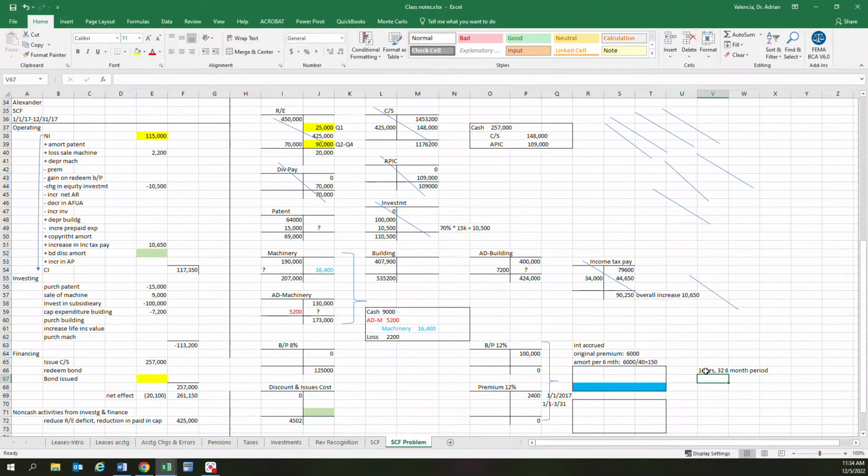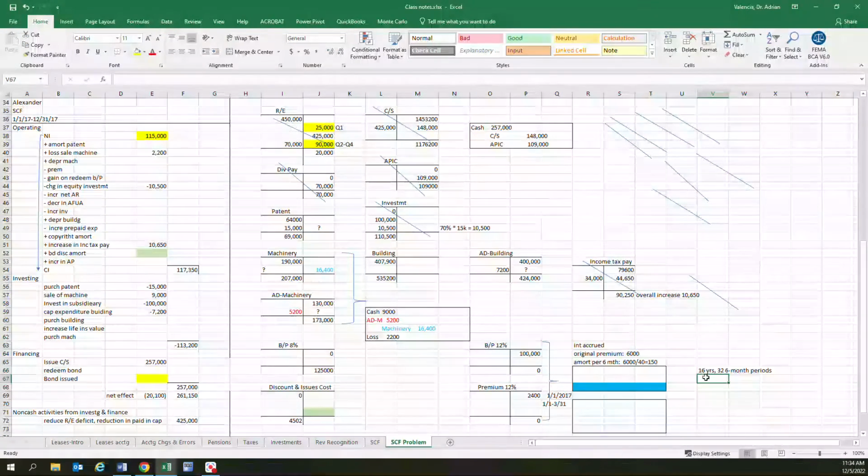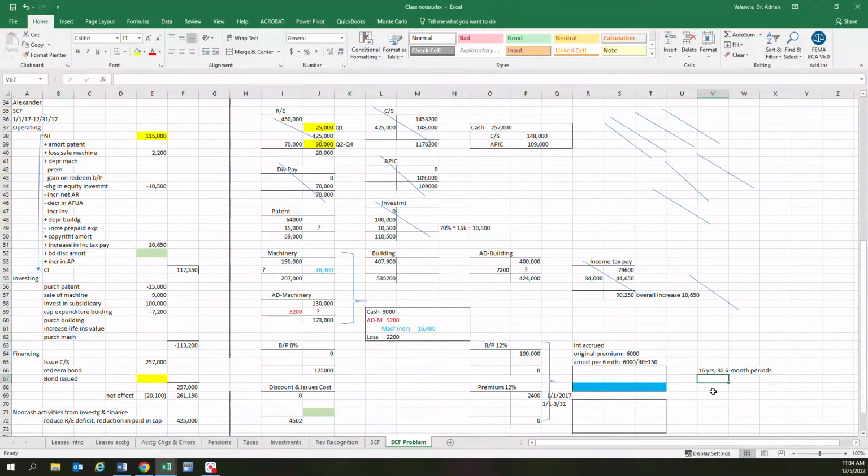In other words, 32 6-month periods. So the amount that has already been amortized to date is going to be 32 times 150, which is what it was every 6 months, right? And 32 6-month intervals have already passed.